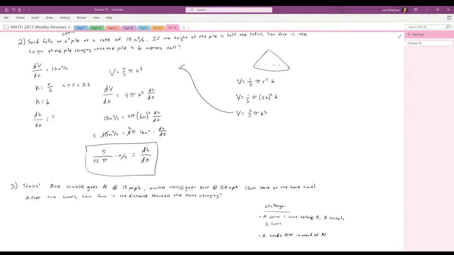Okay, so the volume is that. So you started off at a, what's this? That is the formula for 1/3 pi r squared h. Okay, and then I was given the radius divided by 2.